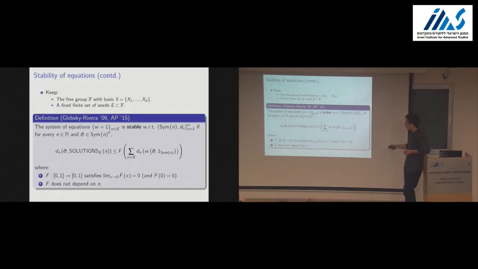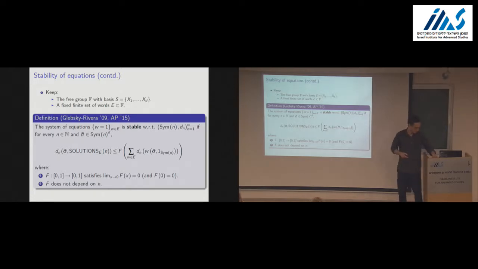Yes, there is the parenthesis here on the wrong side. But what I do here is that I take each of the equations, and in each of them I substitute sigma into W, and I check how far it is from the identity.